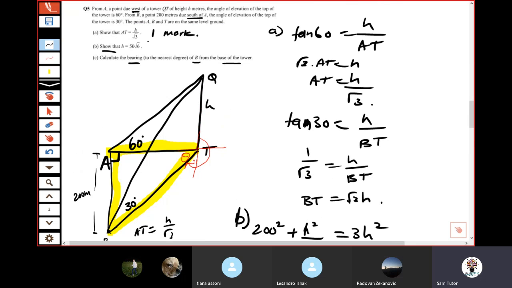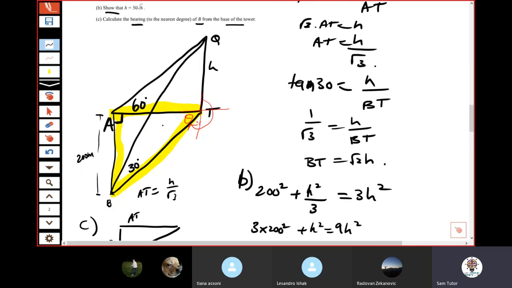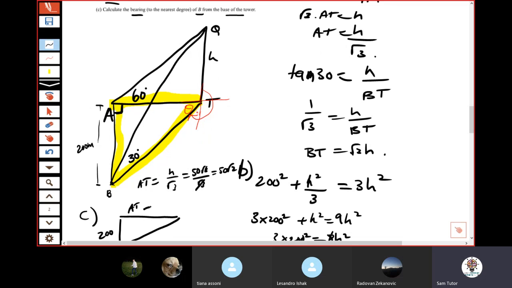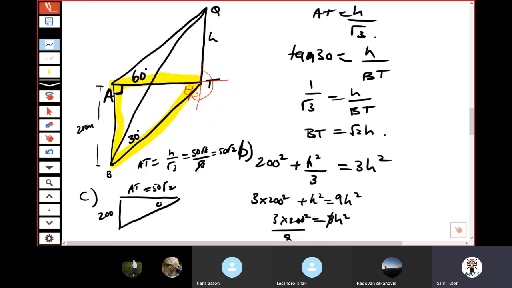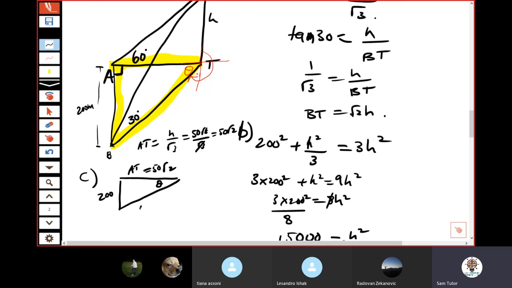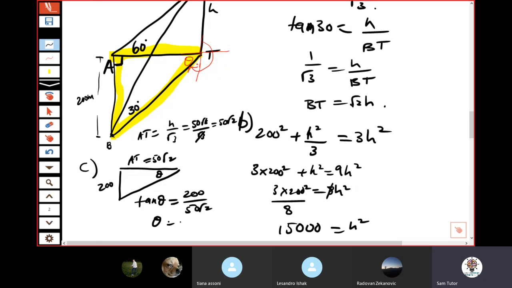And we know we just found h as 50 root 6. Root 2. So AT equals 50 root 2. And then, you could just go theta is opposite over adjacent. So tan theta equals opposite over adjacent. Find theta.